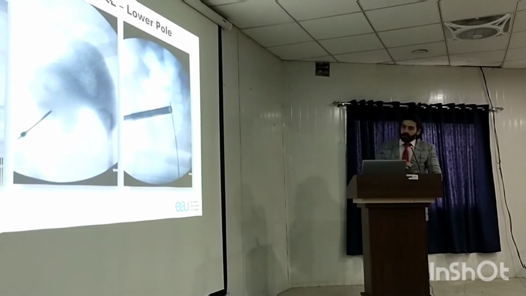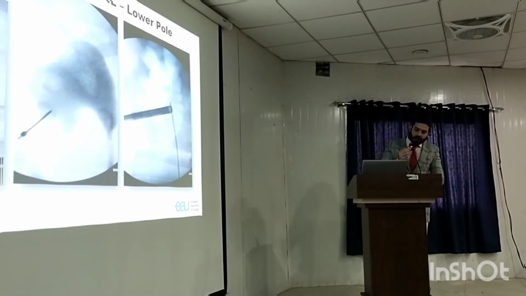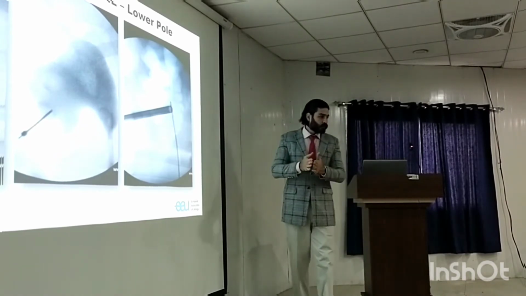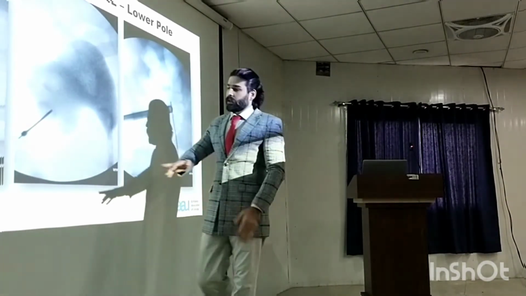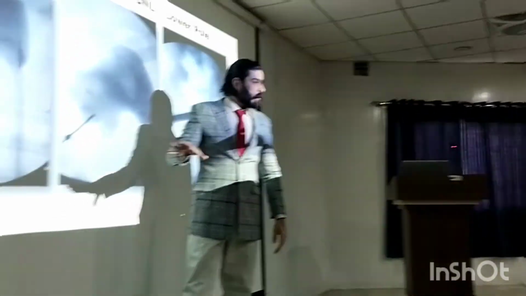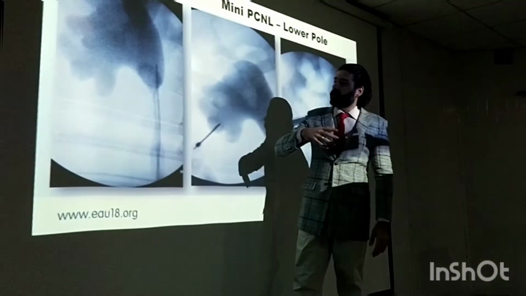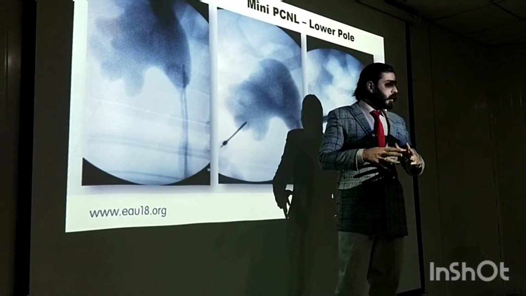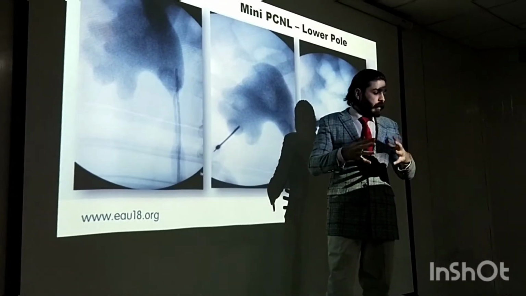In this, what we actually do is we just introduce a ureteric catheter in prone position. Then contrast urografin is introduced, and under fluoroscopic imaging, we organize the calicial anatomy.